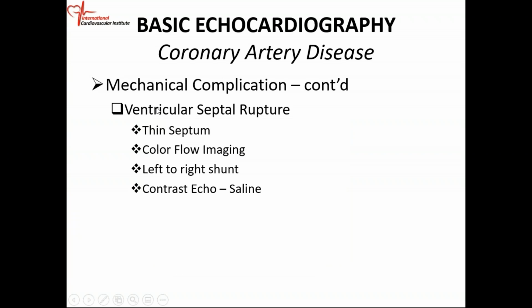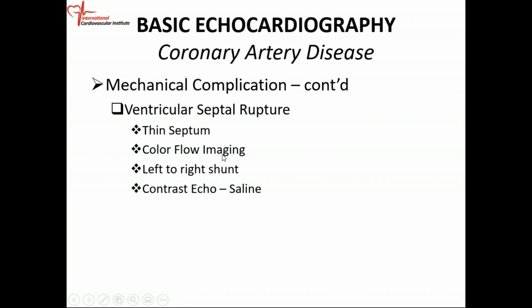You can also get ventricular septal rupture from a heart attack. So remember, a heart attack is just dead muscle. Dead muscle over time becomes weak and then it completely gives way. So if the heart attack involves the ventricular septum, then the ventricular septum becomes very thin and it can rupture. You can get a VSD, blood flowing from the LV across the septum into the RV.